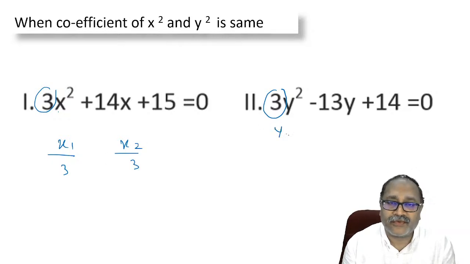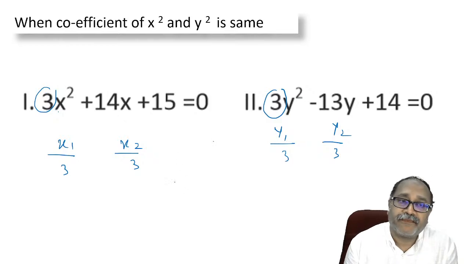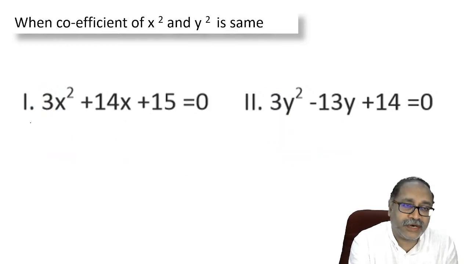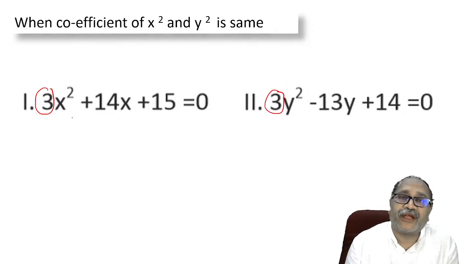Here also you get y1 divided by 3 and y2 divided by 3. So the comparison will be same. So whenever these coefficients are same, 3 and 3, you don't need to divide the value by 3.